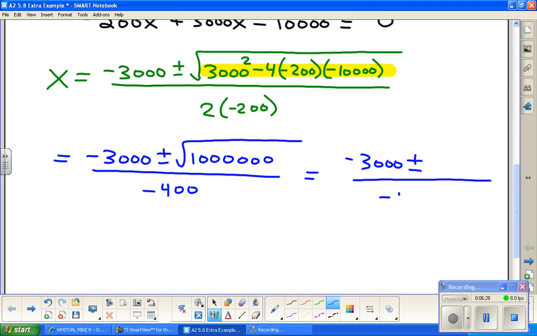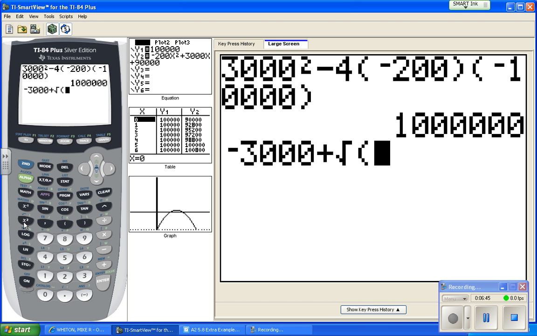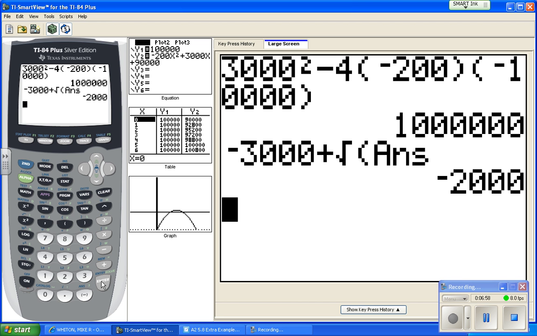What we can do is do this numerator now. I can go negative 3,000 plus the square root, and you can either type 1 million or the shortcut, if that's the previous answer to your problem, second and then the negative sign. This is just going to give me my numerator. My numerator is negative 2,000 for the plus one.